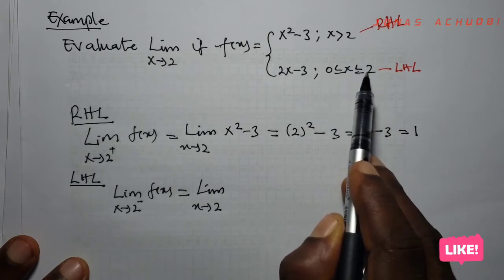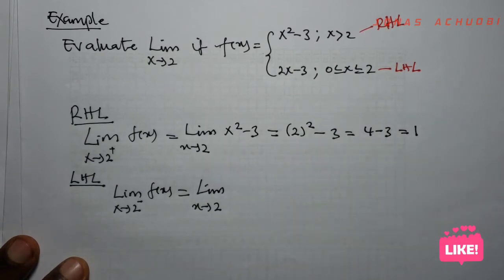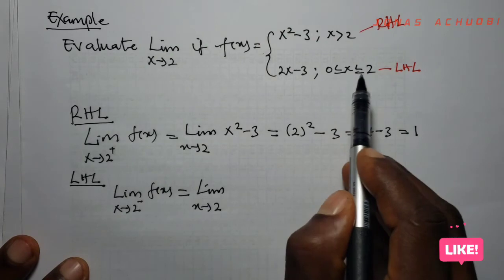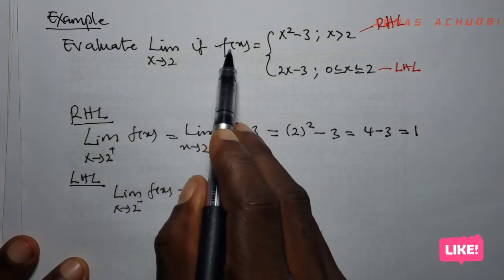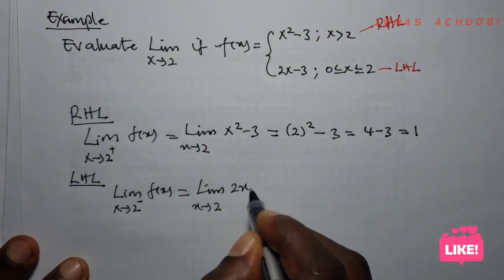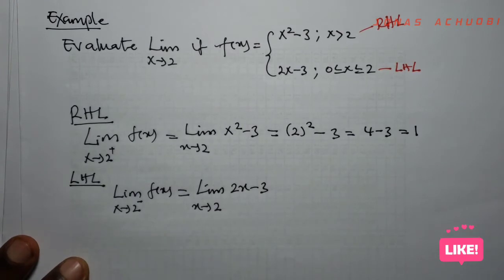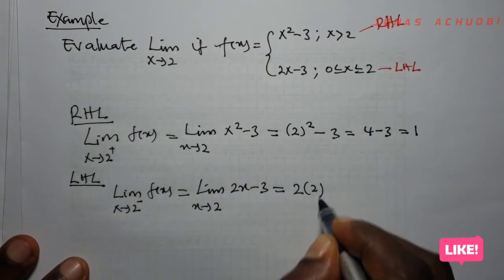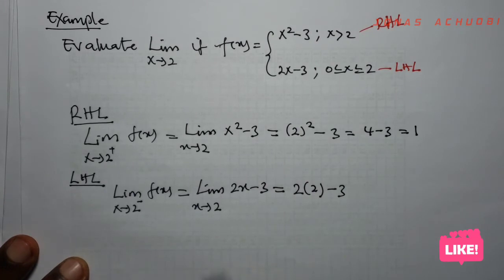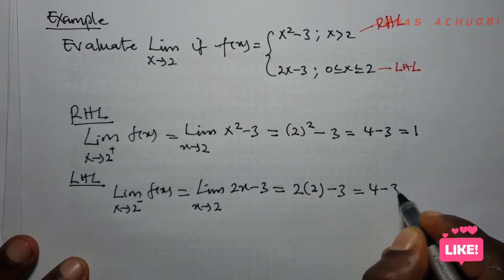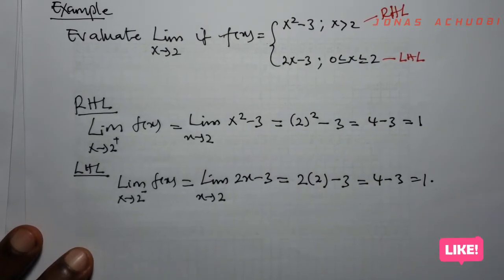So x less than means on the left hand side of 2. So on the left hand side of 2, the function f of x is defined as what? 2x minus 3. And again, this is a polynomial function of degree 1. The limit of this function is 2 times 2 minus 3. And that gives you 4 minus 3 equal to 1.